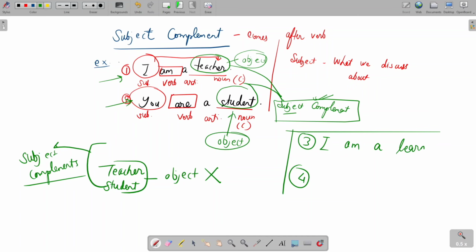And the fourth sentence will be: she is a listener. You just have to focus on these sentences: what are the parts of speech in these two sentences, what are the subjects, what are the objects if any exist, or what is the subject complement here.